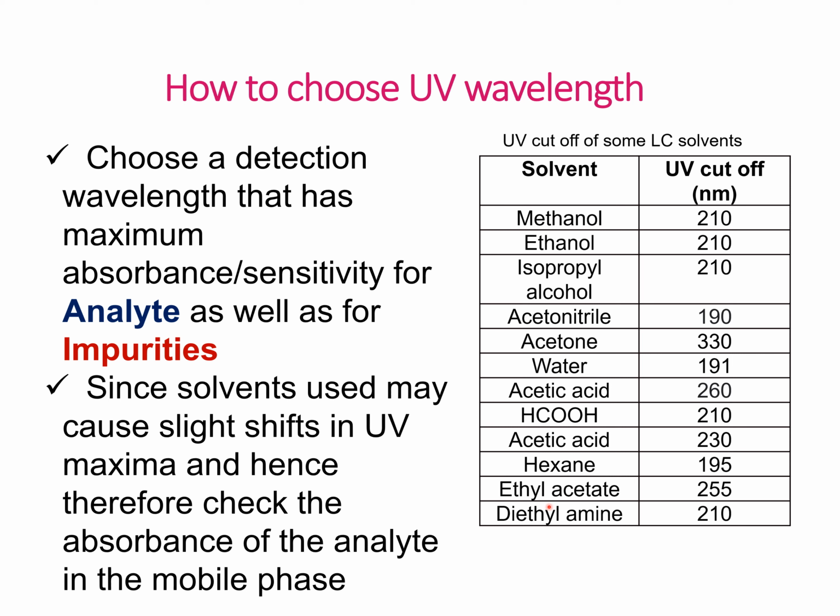For example, if your mobile phase contains methanol as a solvent, then you have to keep wavelength more than 210 nanometer. Similarly, if you are using acetic acid in the mobile phase, you have to keep wavelength more than 260 nanometer. Similarly, if you are using ethyl acetate in the mobile phase, you have to keep wavelength more than 255 nanometer.